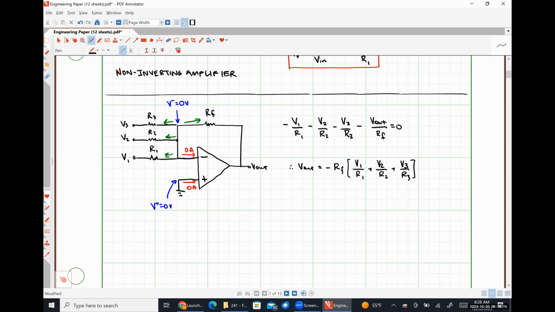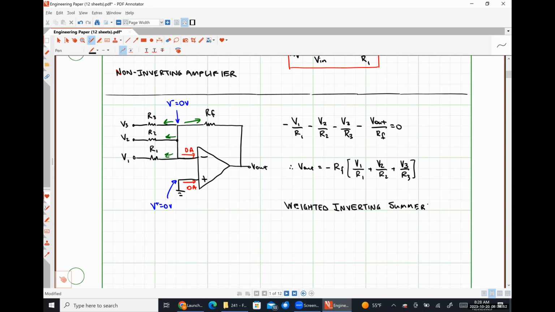So this amplifier is what's known as a weighted inverting summer. Let me write that down. It's weighted because each of the input signals has a specific weight applied to it, established by the gain of that portion.